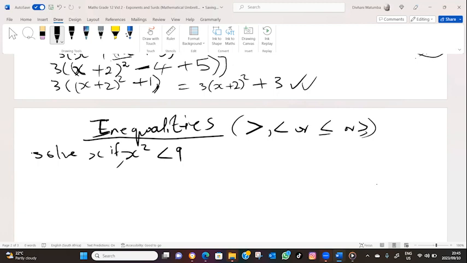Now, what you're going to notice is that if you take 9 to the other side, you're going to have x squared minus 9 is less than 0.